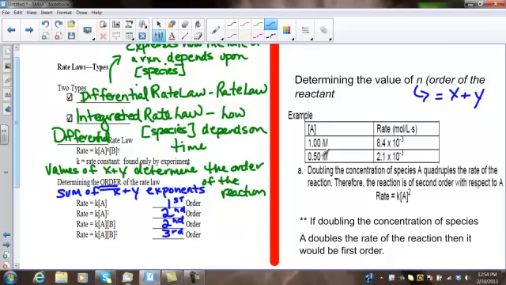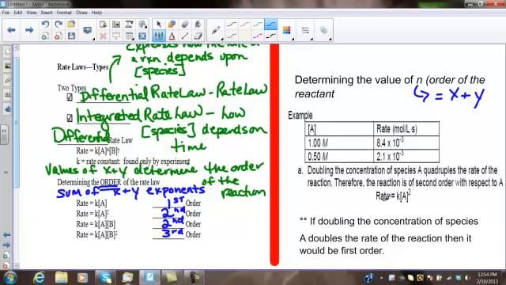If I look at the relationship between the concentration and the rate here, I can see as the concentration is doubled from 0.5 to 1 that the rate quadruples. So if my concentration doubles and my rate quadruples, then this would be second order.